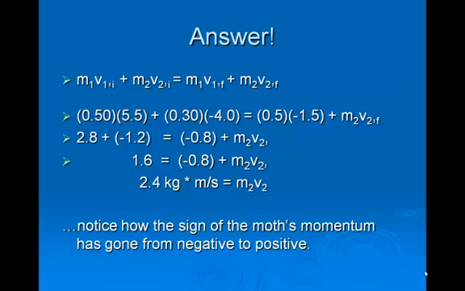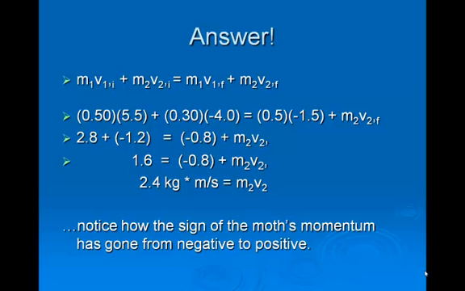In the problem involving the collision between the moth and the jelly bean, I ask you for the momentum of the jelly bean after the collision. Excuse me, that would be the momentum of the moth. My apologies. To find its momentum, all you have to do is isolate m2v2f, which is the final momentum of the moth after the collision.